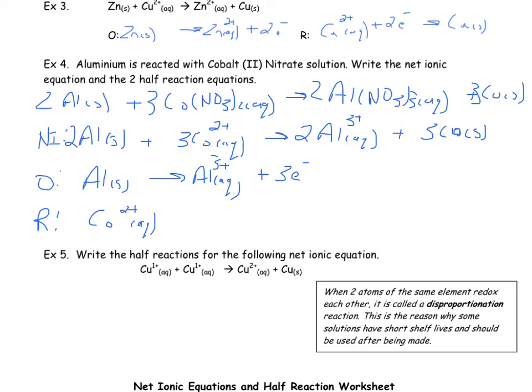Because my aluminum gets oxidized, the cobalt will get reduced. And I'll need to add 2 electrons to the reactant side in order to balance the reduction half reaction. Pause the video here and try out example 5.